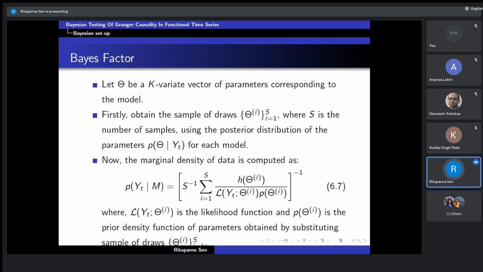Now the marginal of the data is computed as this particular thing, where you take the likelihood and multiply it by the prior. So on the bottom, this is the joint distribution, and on the top, we have H. I'll just tell you in a moment what that H is, and then you take the average, and this is one way. So this is essentially you want to integrate over the prior, but integrating itself is a huge task, and we are looking at a big parameter space.